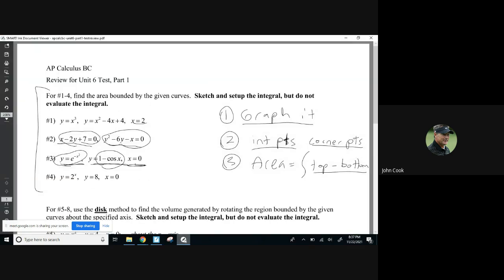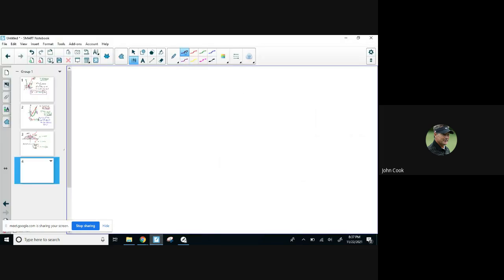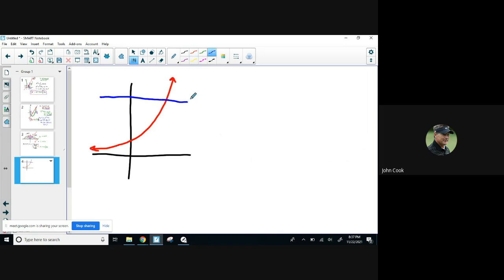So number 4, we've got an exponential function, then y equals 8 and x equals 0. Oh, that's not too bad to draw out. So 2 to the x looks something like this. You graph it out on your calculator. And then the line y equals 8, that's just a horizontal line.